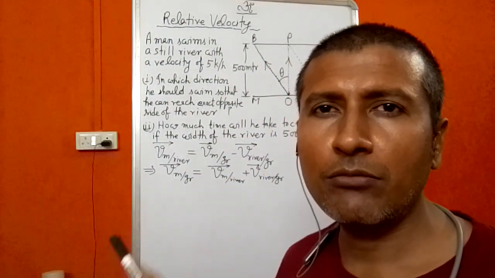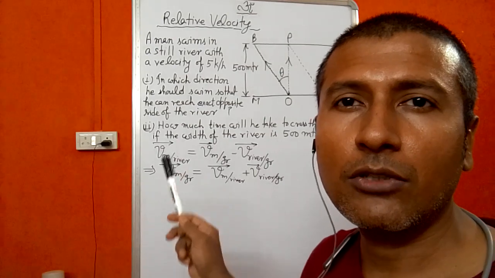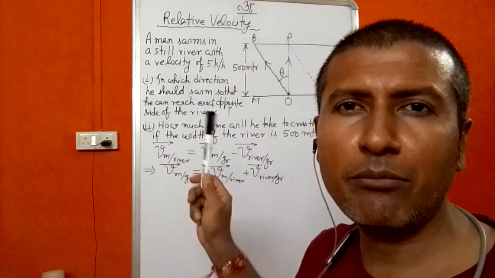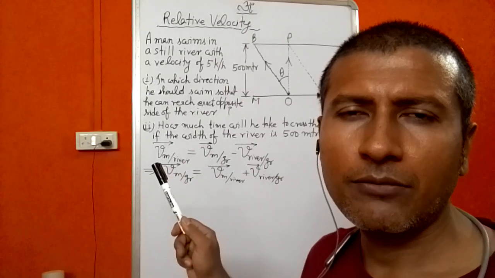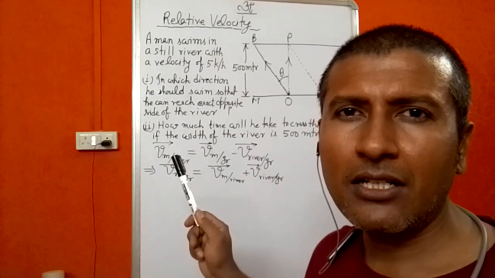Take a numerical problem in which a man wishes to cross a river exactly opposite.